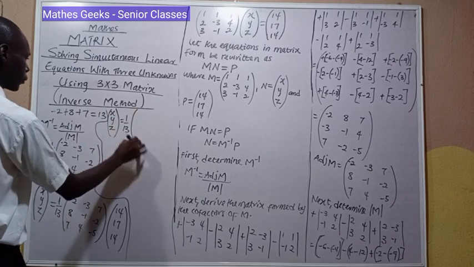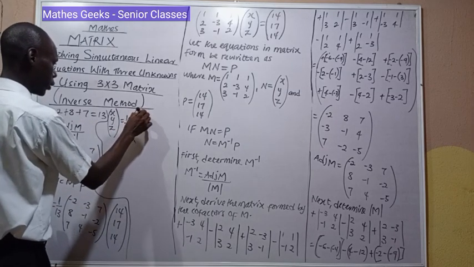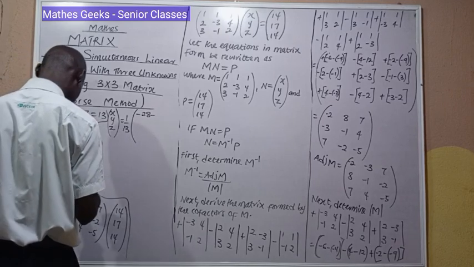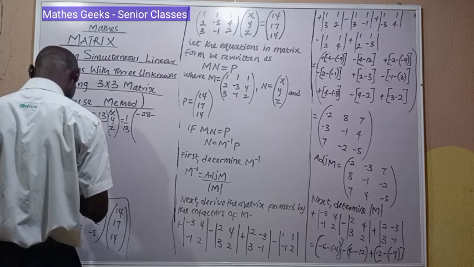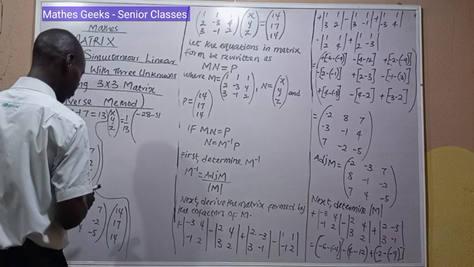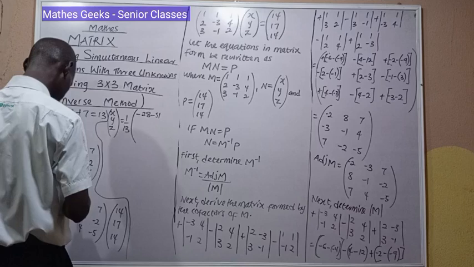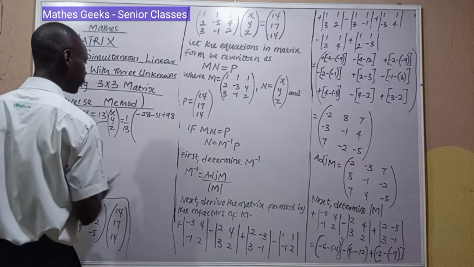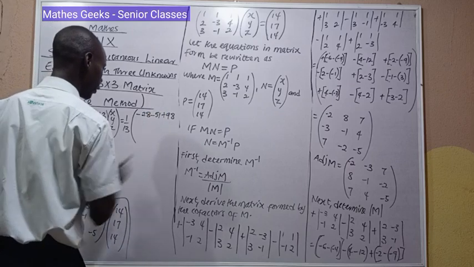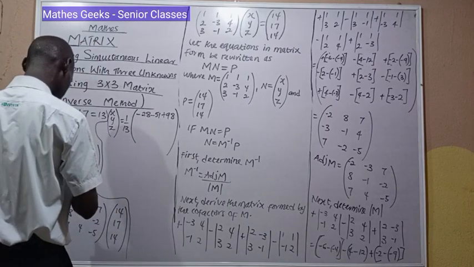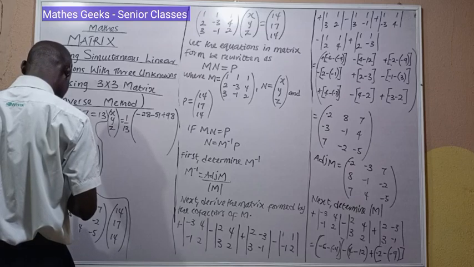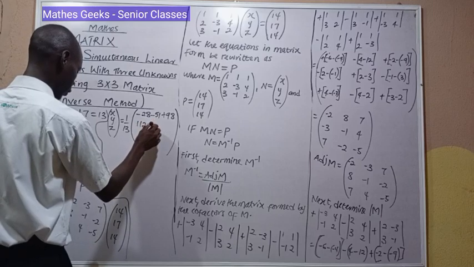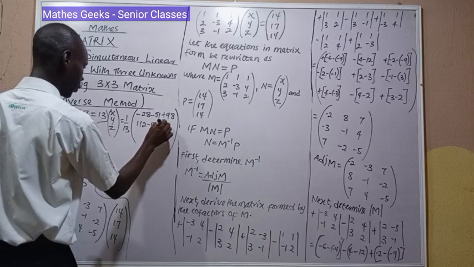X, Y, Z is equal to 1 over 13 times: minus 2 times 14 is minus 28, minus 3 times 17 is minus 51, and 7 times 14 is plus 98. Next, 8 times 14 is 112, minus 1 times 17 is minus 17, minus 2 times 14 is minus 28.